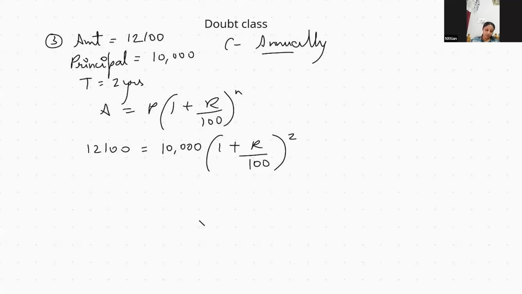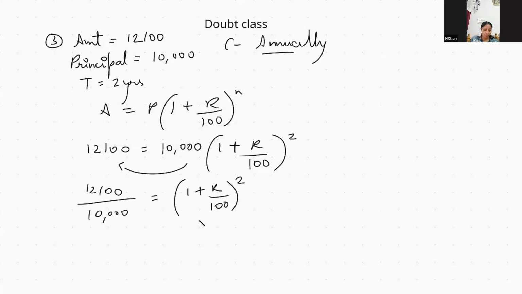Now we will take this 10,000 on this side. So it becomes 12100 divided by 10,000 equals (1 plus R/100) raised to the power 2.